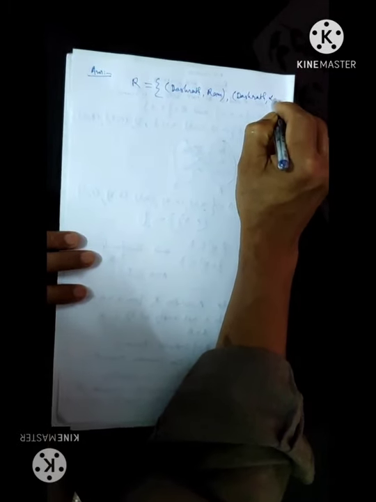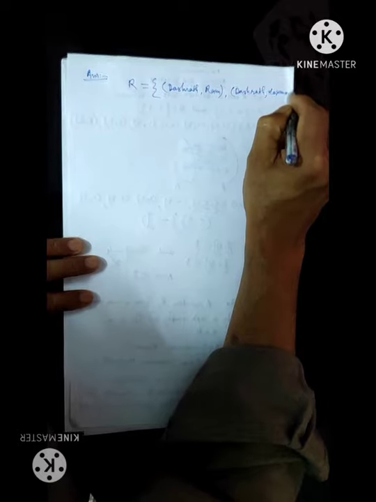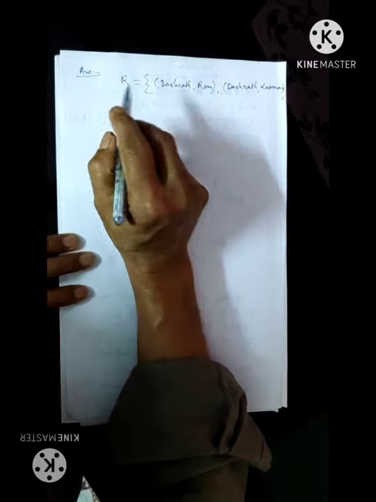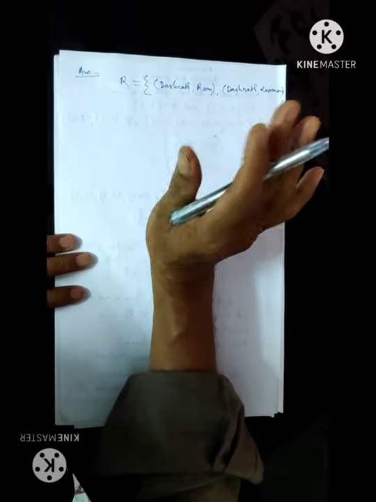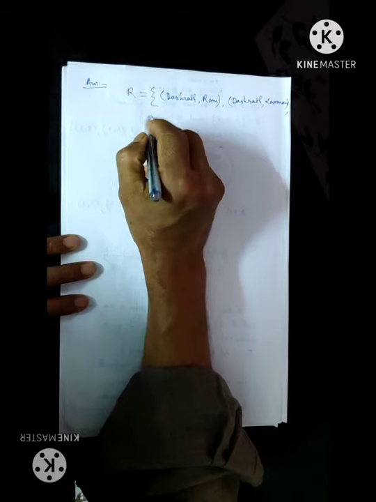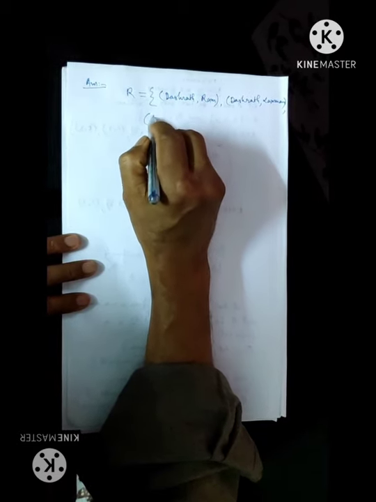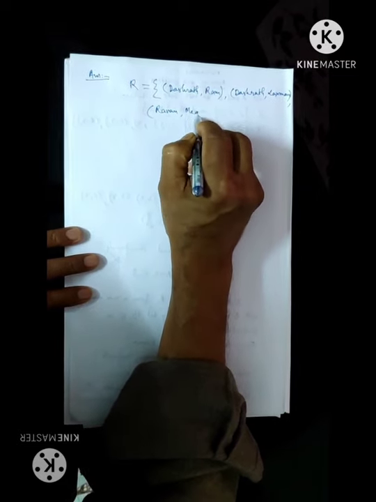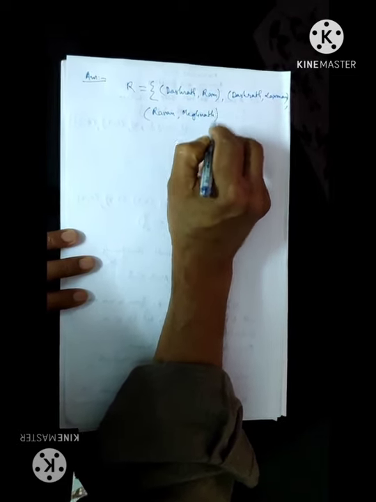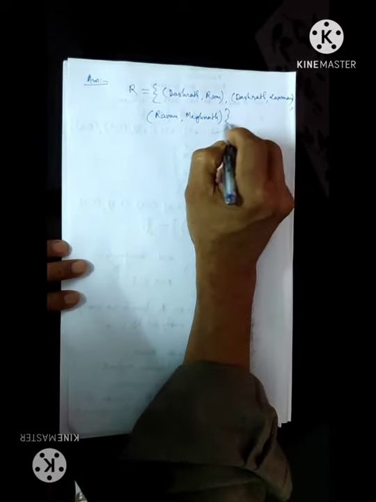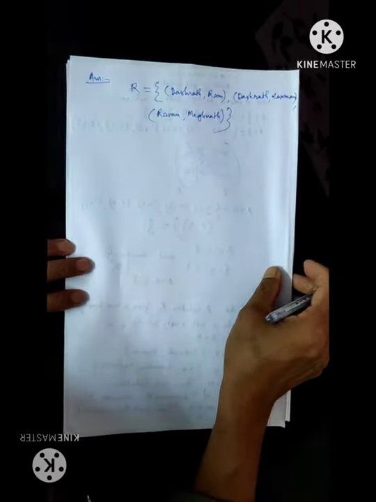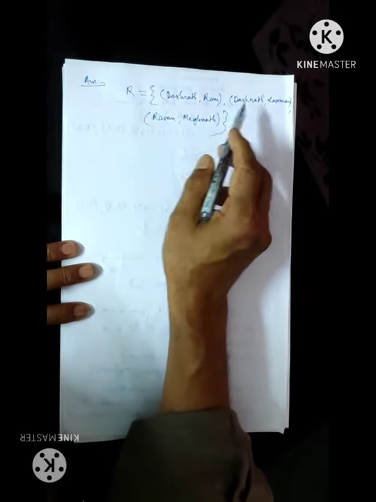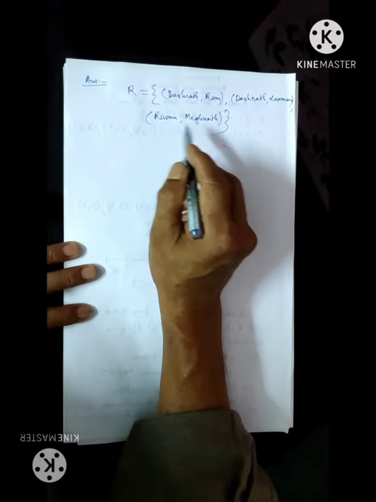Ravan's relation is with Meghnad, Meghnad is the image of Ravan. This ordered pair we can write this way: (Ravan, Meghnad). This is the relation between Dasarath and Ram, Dasarath and Lakshman, Ravan and Meghnad.